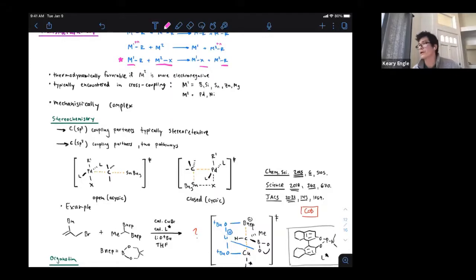As I just stated, this is a constituent elementary step in cross couplings. There are all sorts of flavors of cross coupling. We have a separate lecture on cross coupling, so I won't get too much into the weeds here. Basically, depending on the organometallic nucleophile that's used, each of these has a different name.